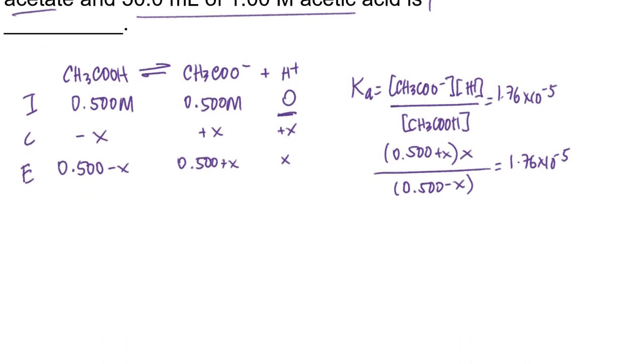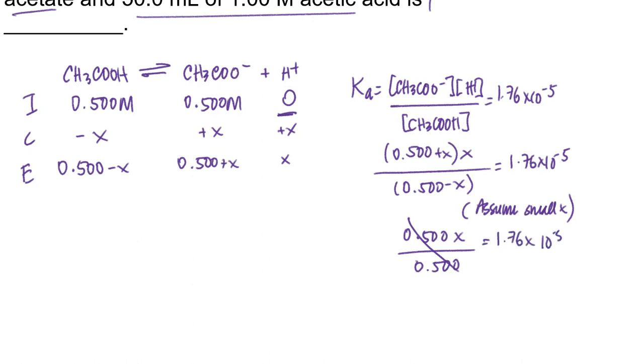Again, if I make the assumption that x is small, I end up with 0.500x over 0.500. The 0.500s cancel, and that just means that x is 1.76 times 10 to the negative fifth molar. Again, I'll calculate the percent ionization to check this assumption.